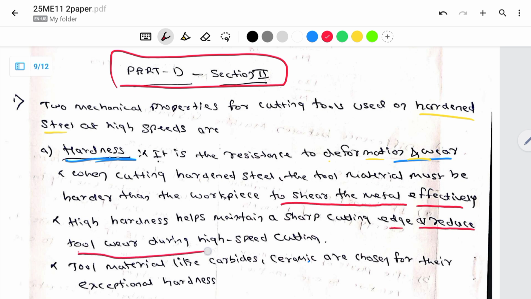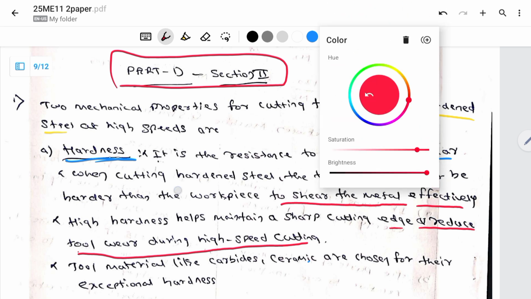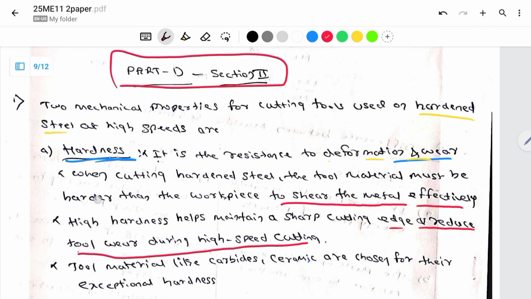Tool wear occurs during high speed. Whenever the tool is hard, it will maintain the sharpness. So how is the material removed? Let me explain. Suppose there is a workpiece like this, and this is the tool.